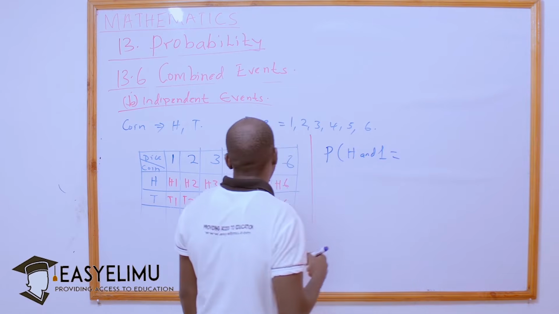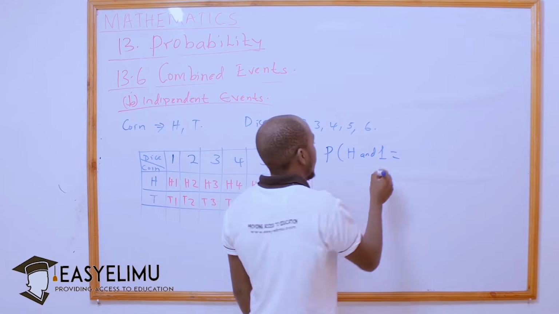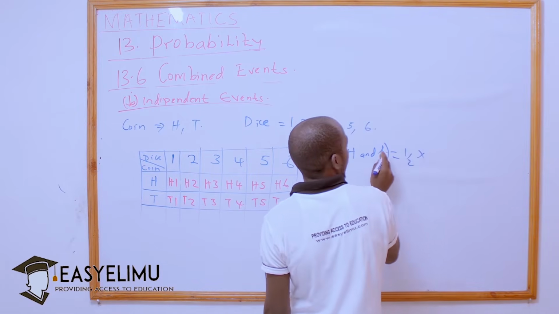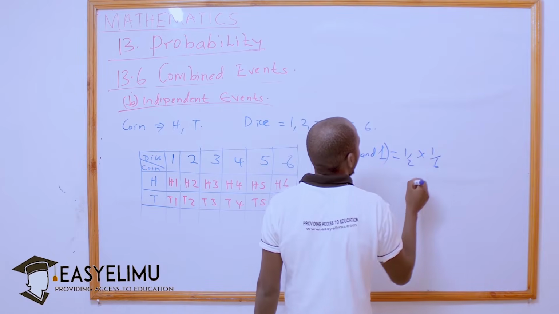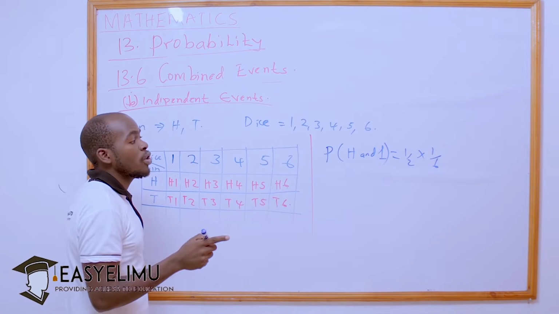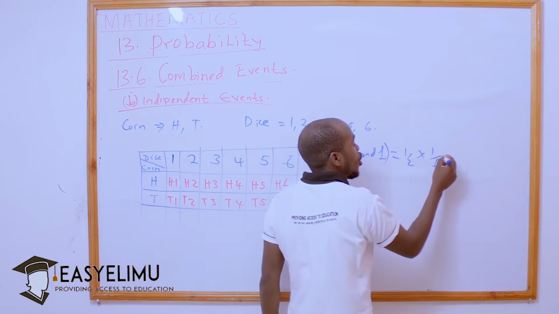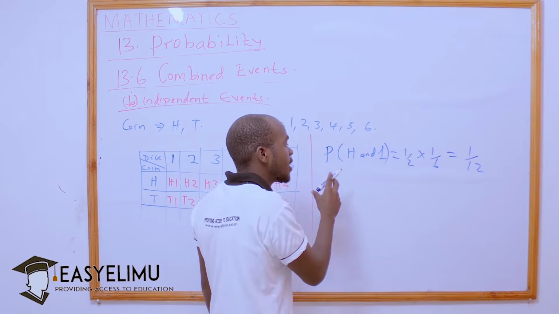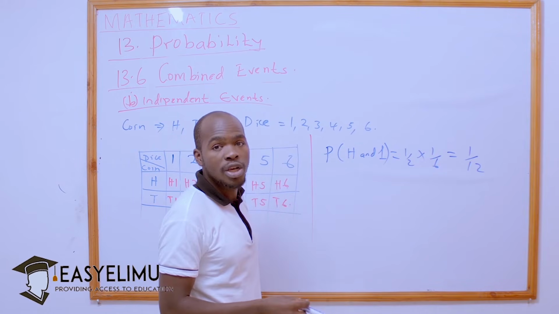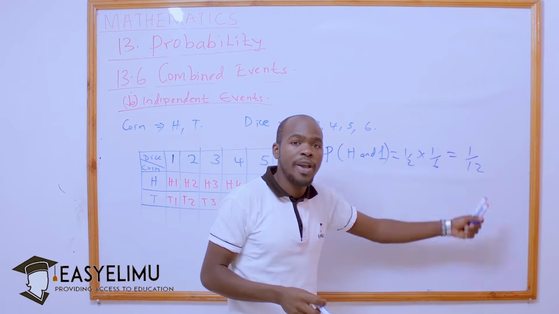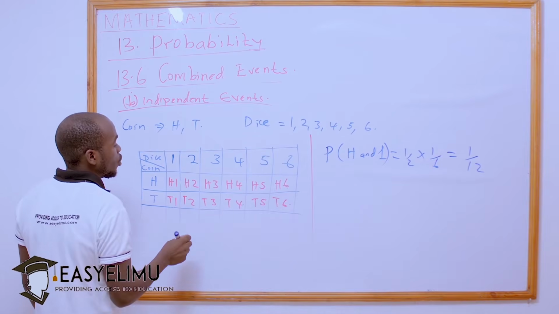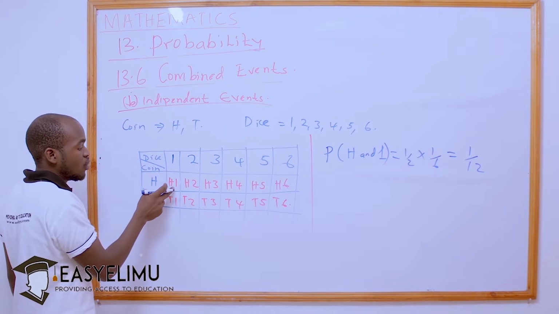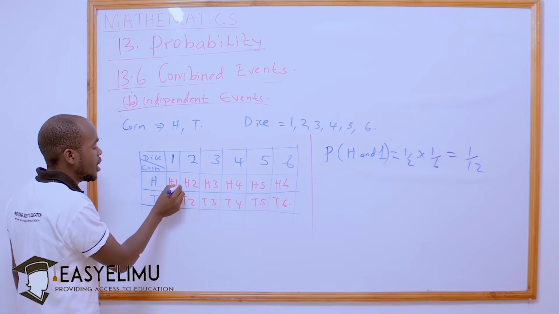The probability of a head and 1 in this case will be equal to, if it's a head, we know it's a half, and for 1 we have 1 over 6 because only one part of that will show 1. So on working out you are going to have 1 over 12. The probability of getting a head in a coin we saw is a half, so that is how we find it. But you can still find it by working it out experimentally, and you will see that a head and 1 is only this.